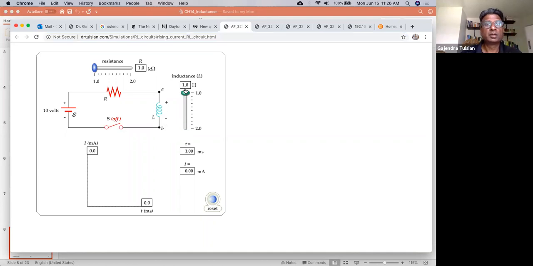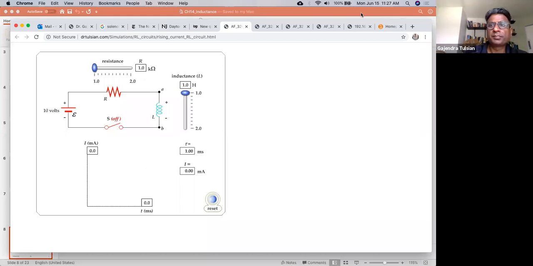Let's first decrease the inductance. Here's the battery, here's the resistance, here's the inductor, and I will close the switch. If this inductor wasn't present, the instant I close the switch, the current would be a step function.